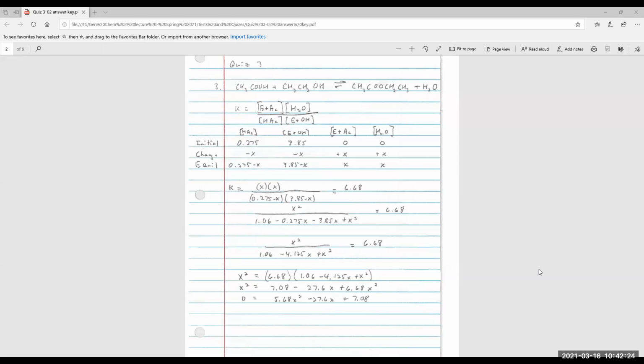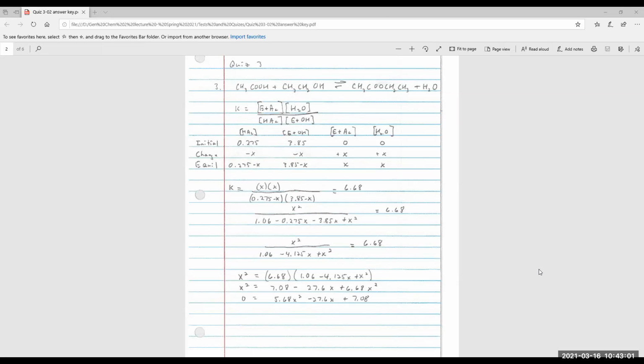We started out with 0.275 molar acetic acid and 3.85 molar ethanol, and no ethyl acetate and no water. Then we have some kind of change. Since the reaction stoichiometry is 1 across the board, for every X of acetic acid that reacts, X of ethanol will react, and X of ethyl acetate and X of water will be formed. So that's the change that's going to occur. The next thing is, what does that do to our equilibrium?